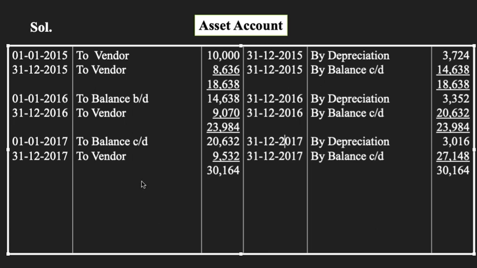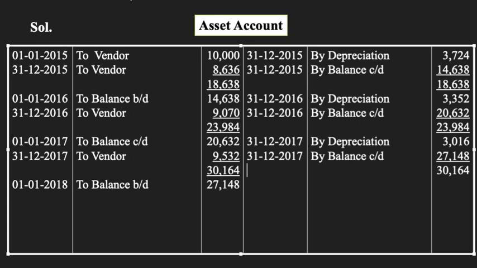So we are going to write down here to balance brought down on 1st of Jan 2018, 27,148. This is all that we are going to enter in the asset account. This would be the balance brought down for the next year.